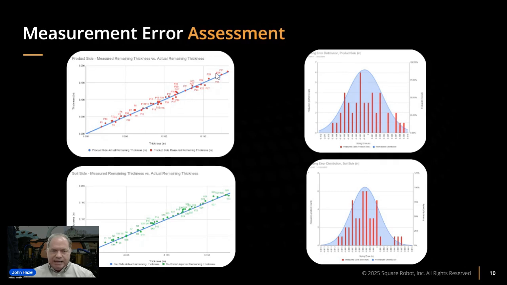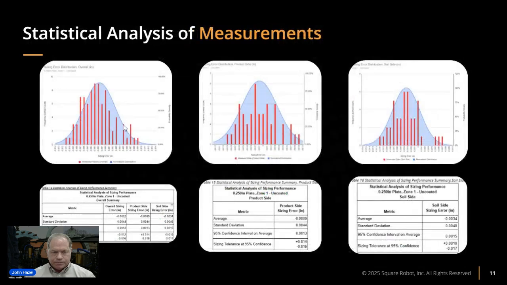As we can see, most everything is a little bit above the line, which makes sense to me because ultrasonics is going to measure things a little bit thinner than they actually are. And when I say thinner, it's like 1 or 2 mils is what we're seeing here. The correlation from actual to measured is very tight for us. And as you can see along the normal axis here, and we'll get into this data a little bit later, everything falls within 3 standard deviations.